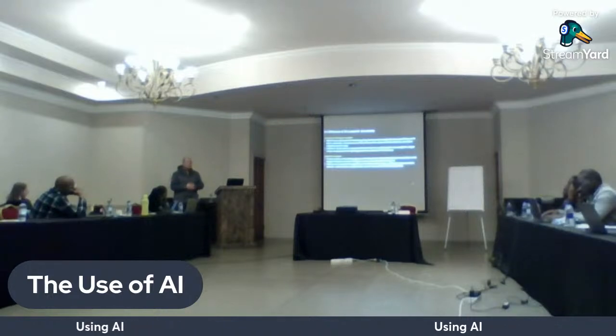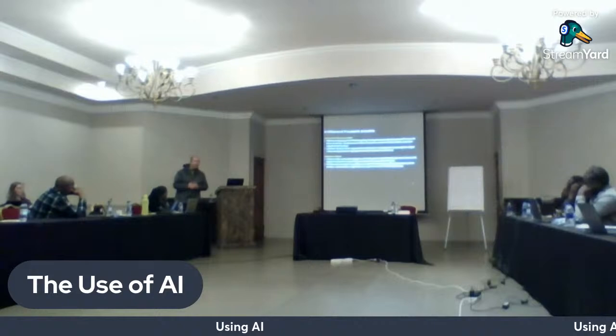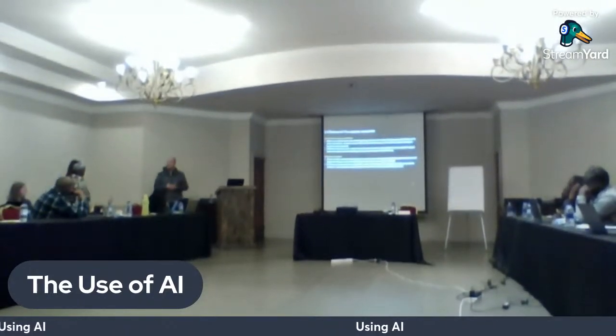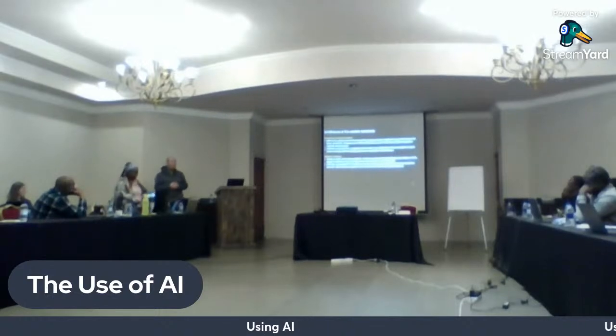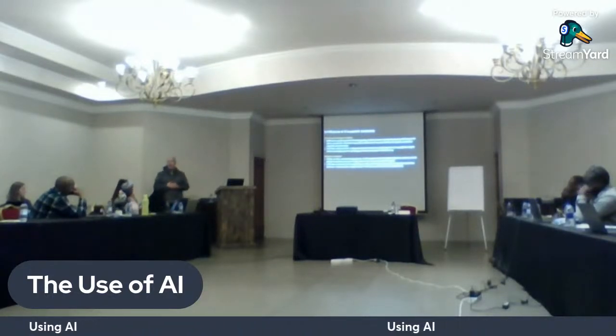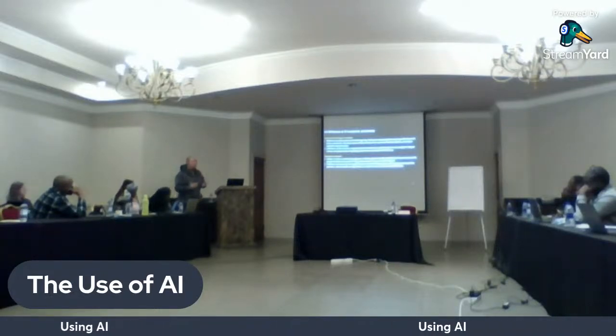So, you will see in the policy as well, we made provision for this. You will always have a say as well in the plagiarism. Because it might very well be that a student made use of an AI, but an AI program didn't pick it up. But you can pick it up based on your experience.